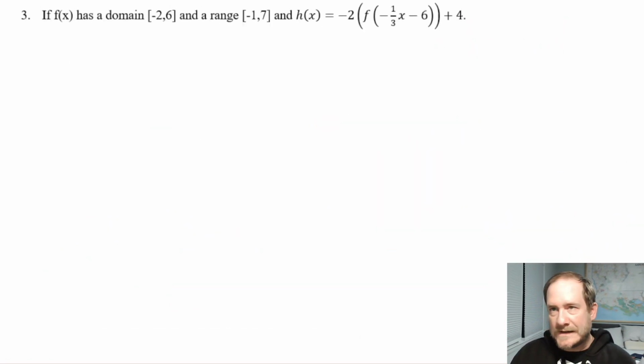All right, moving on. Number 3. It says if the f of x has a domain at negative 2, 6 and a range of negative 1 to 7, and h of x has this formula, oh, then what? Then what? Oh no, there's no question. I'm sure it's fine, the new domain and range, right?